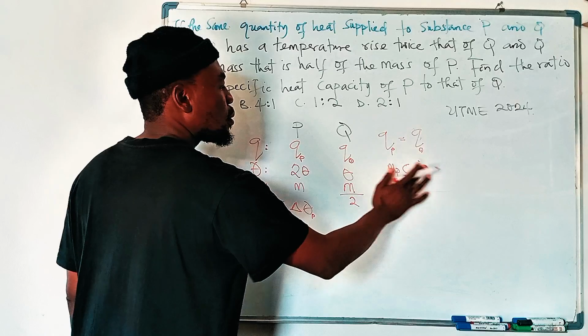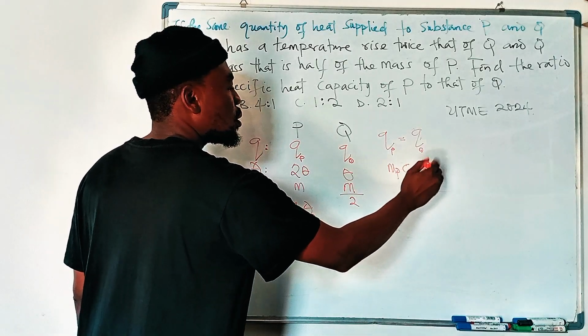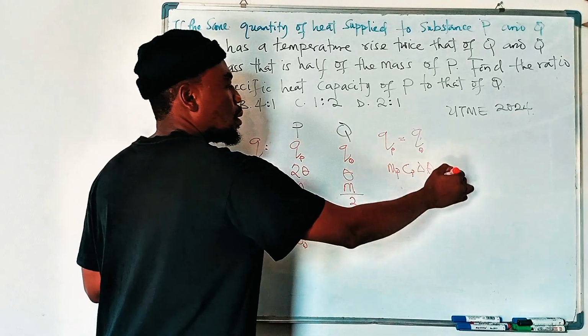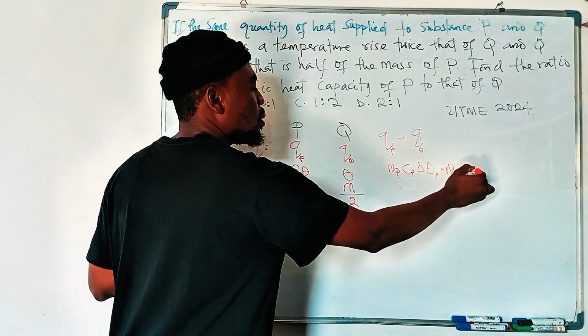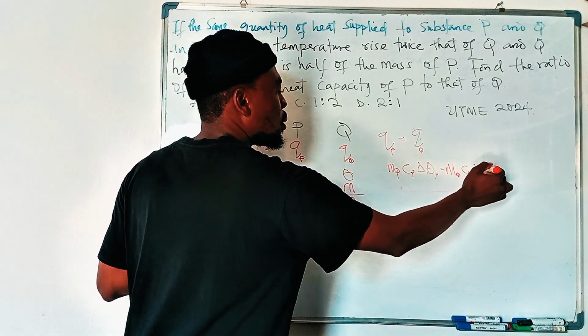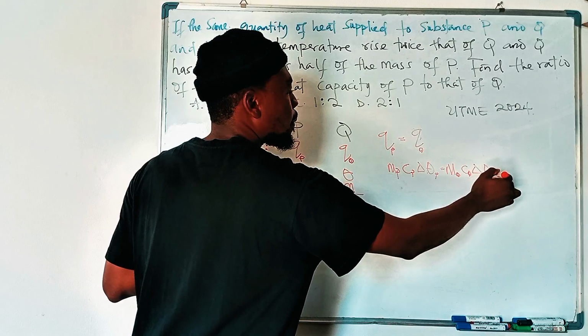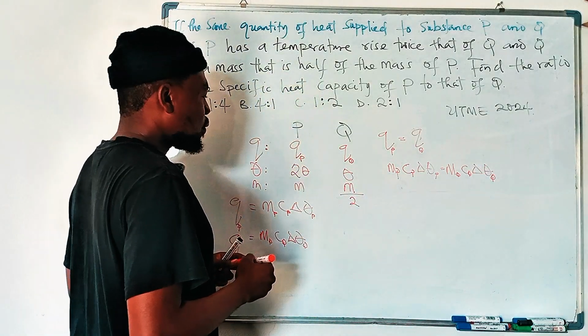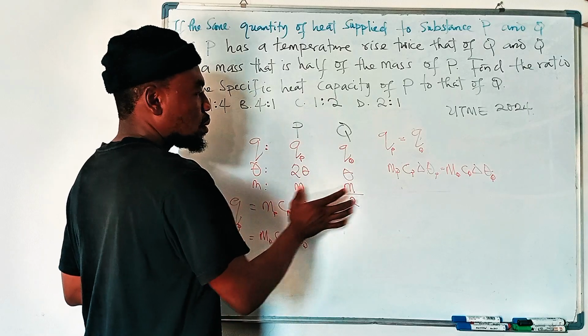So we have MP CP change in theta P is equal to MQ CQ change in theta Q. So let's substitute what we have from this interpretation.